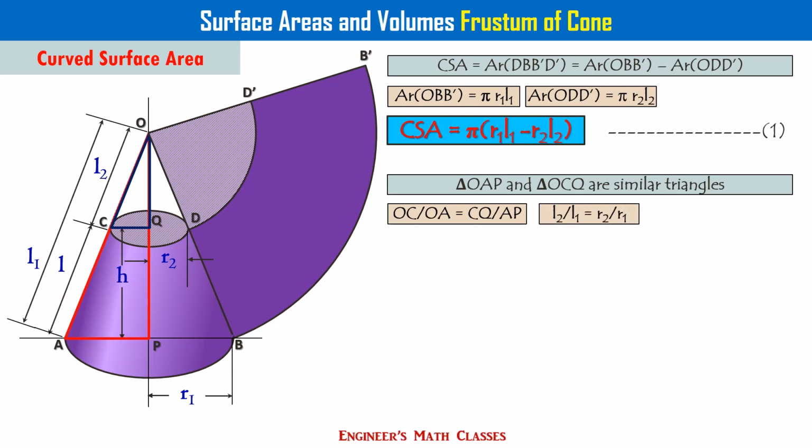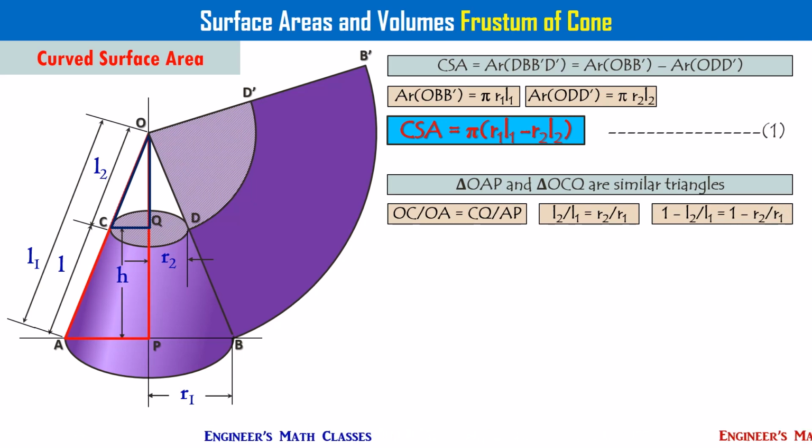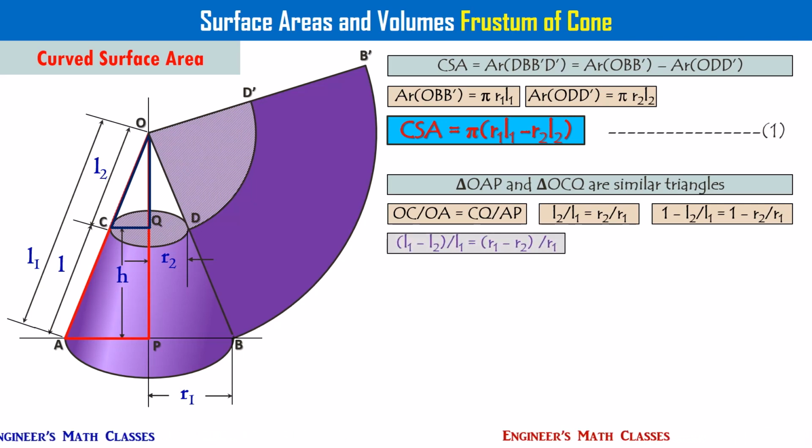So when I substitute corresponding dimensions here, that becomes L2 by L1 is equal to R2 by R1. And further, if I subtract both sides from 1, 1 minus L2 by L1 is equal to 1 minus R2 by R1. And when I rearrange, it becomes L1 minus L2 by L1 is equal to R1 minus R2 by R1.